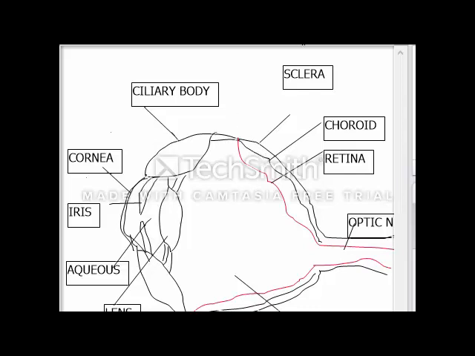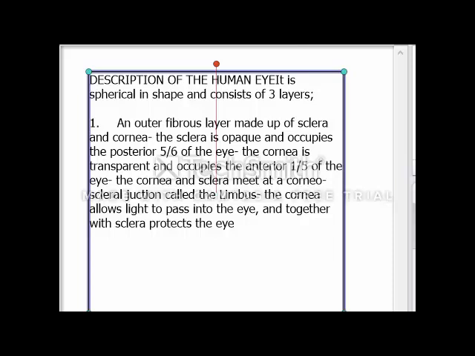This is, briefly, the structure of the eye. I will look at the description as we continue along. Thank you very much.